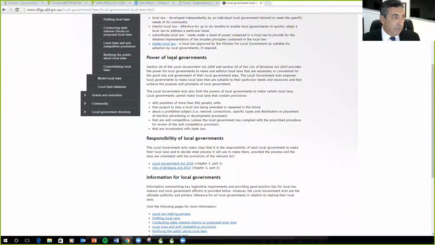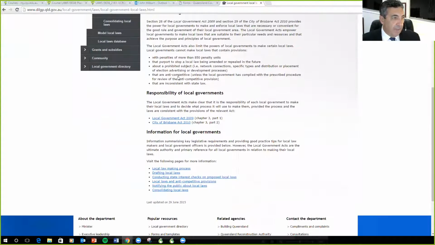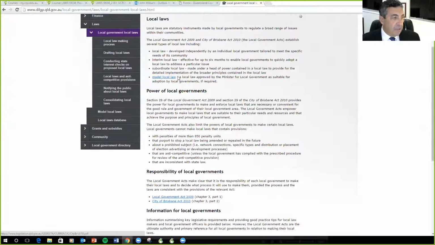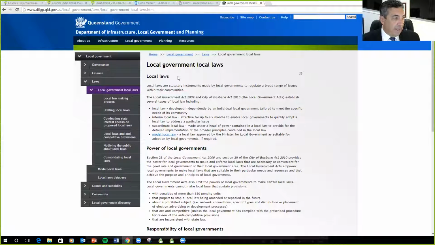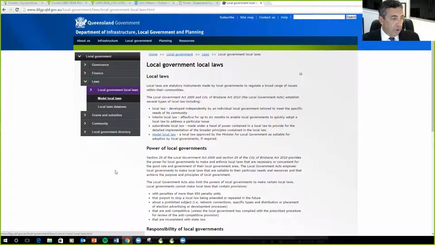It talks about the power of local governments, how they draw their power and what they can do. So some really good information there. It talks about drafting local laws and the legal process. It also has reference to the model local laws and local laws databases. So lots of really good interactive material that will help you understand the process of planning in Queensland.